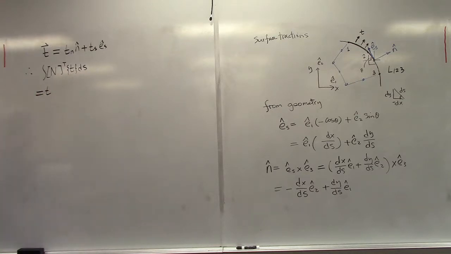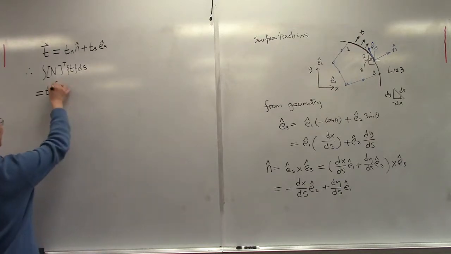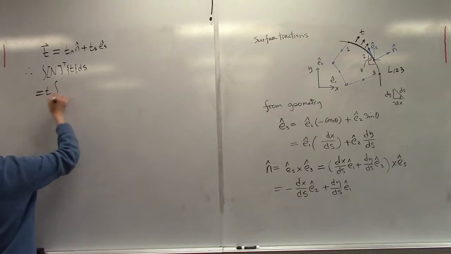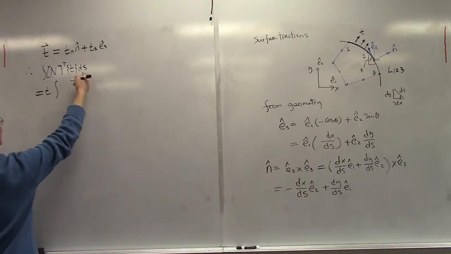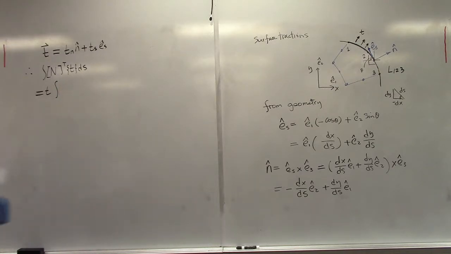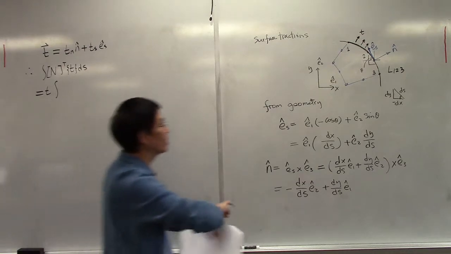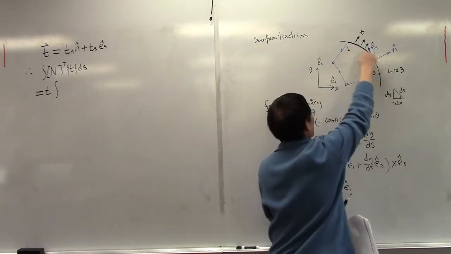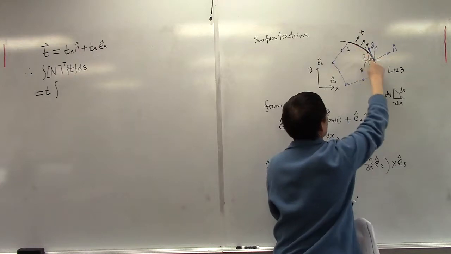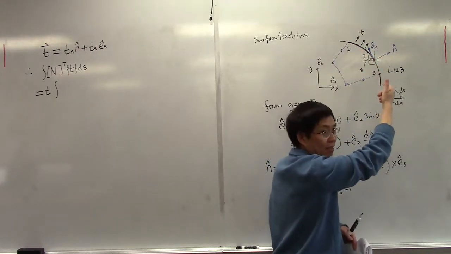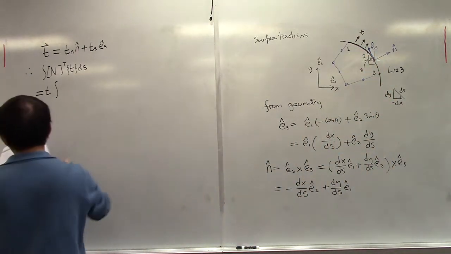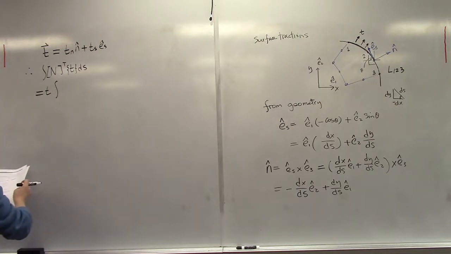This t, I'm sorry for the confusing notation here. This t has nothing to do with traction. That t is the thickness. So we bring the English because thickness starts with t. So ds, which is a surface element in 3D, if this is the curve, ds means this ds times the thickness. So ds is the area.